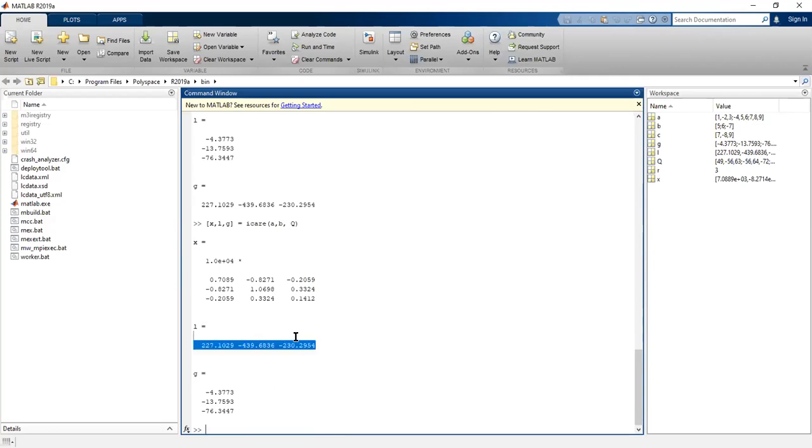Even though it's an L? Yeah, that is what they're calling it. So the IK function is giving you the gains, and the Q is actually the eigenvalues of the system.